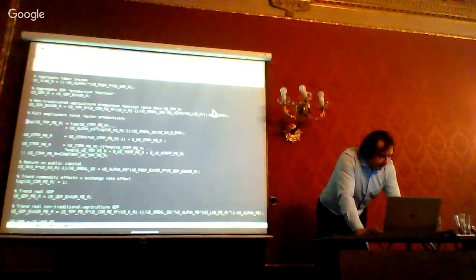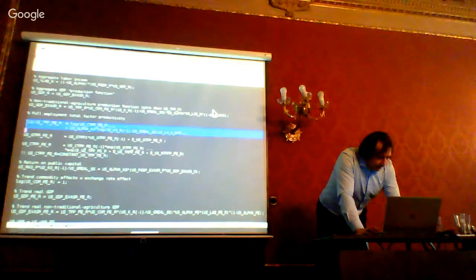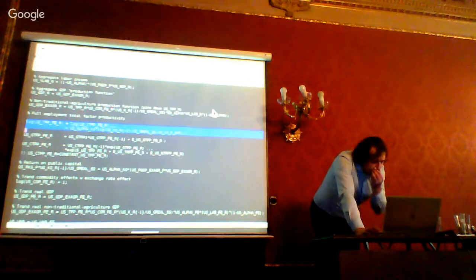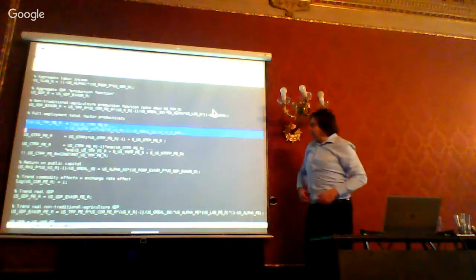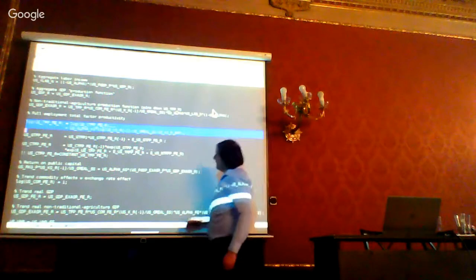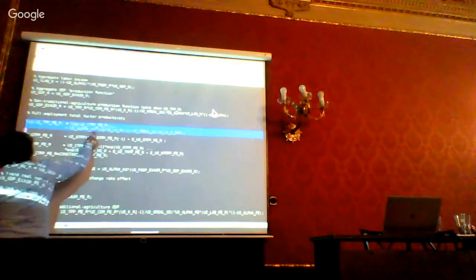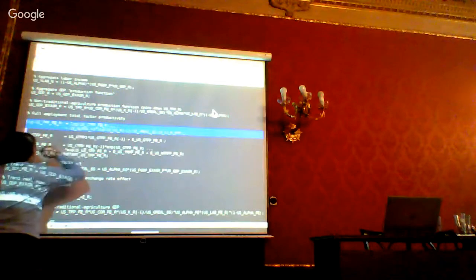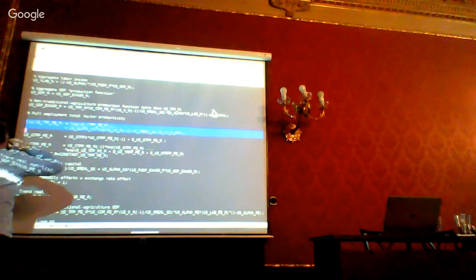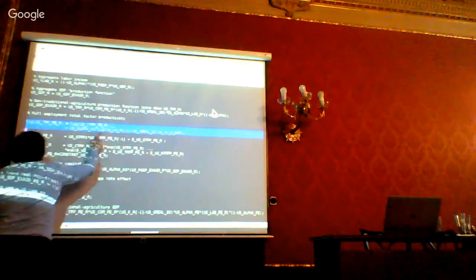Here is the TFP. Yeah, here is the TFP level, and in the TFP level, you can see the effect of the government capital. Yeah, this is the stock of infrastructure. It is in log.